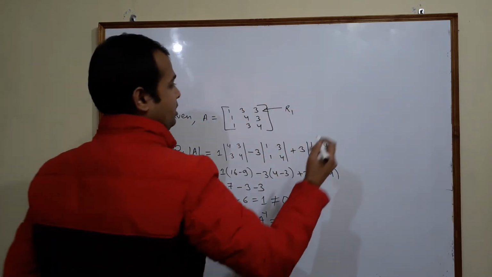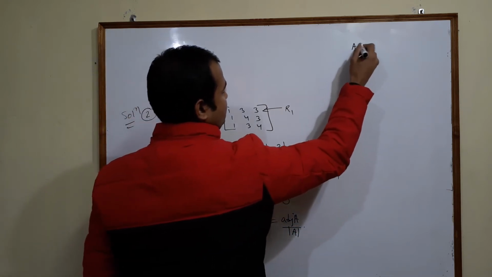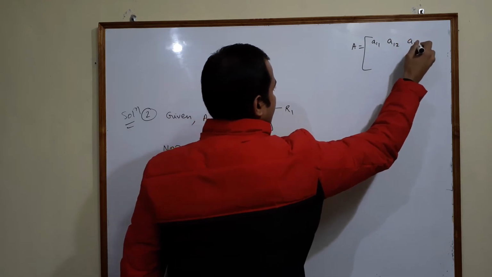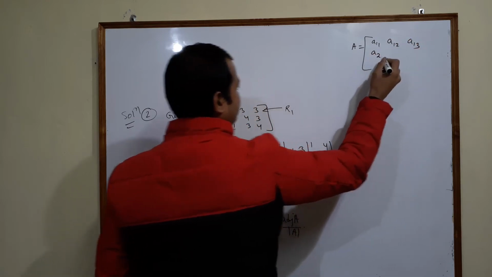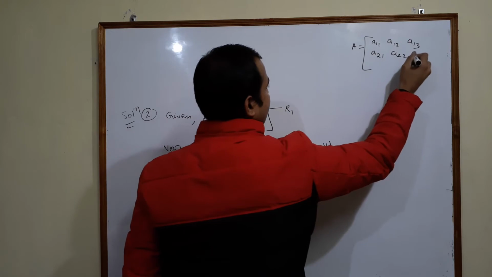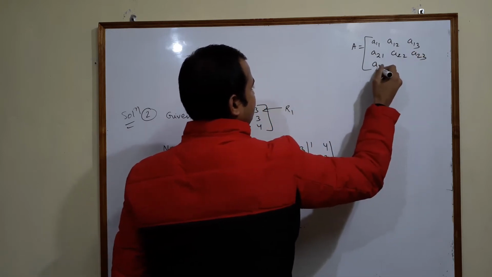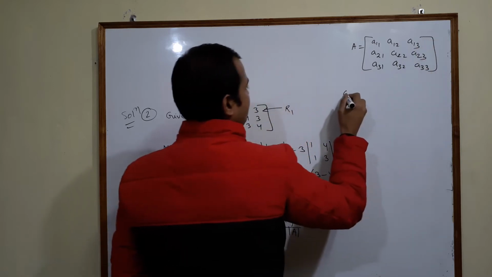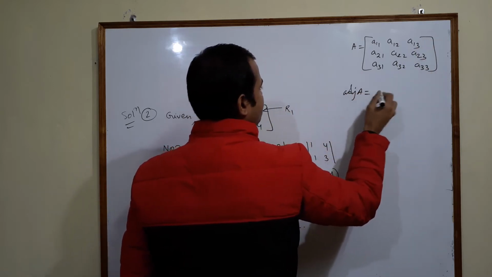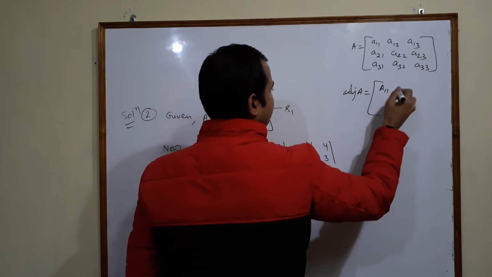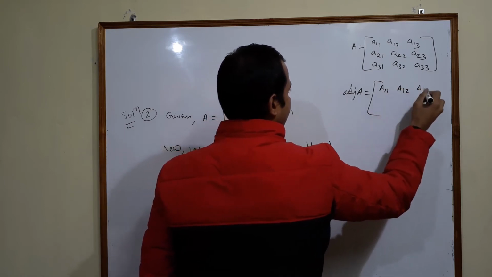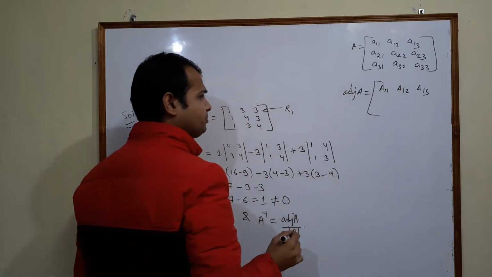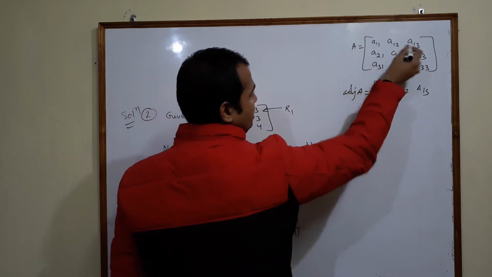You know that if your matrix is given as this, then the adjoint of this matrix is where A11, A12 denote the cofactors of these elements respectively.